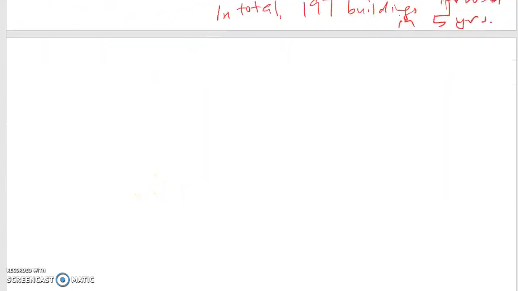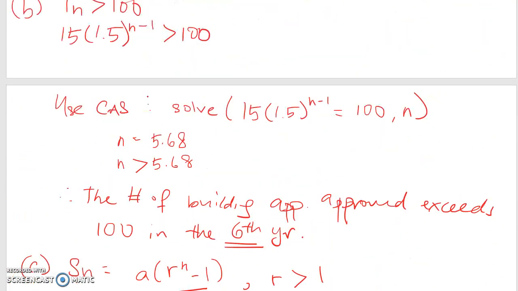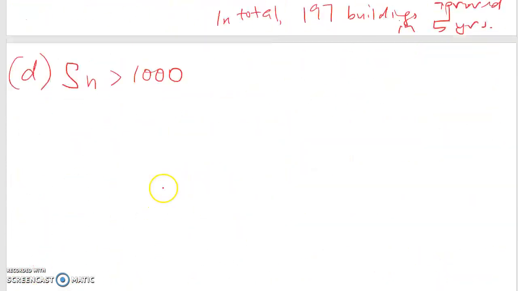So this is part D. In mathematical form, they're asking us, when does Sn first exceed 1,000? So this is the same thing of what we have done previously in part B, except in part B we're using Tn. So over here we're using Sn.